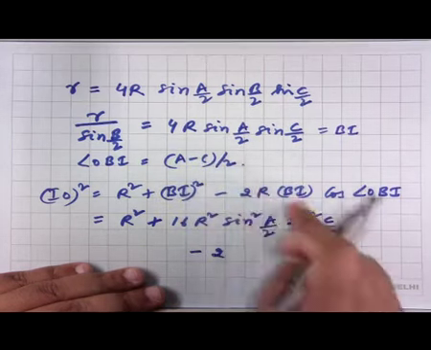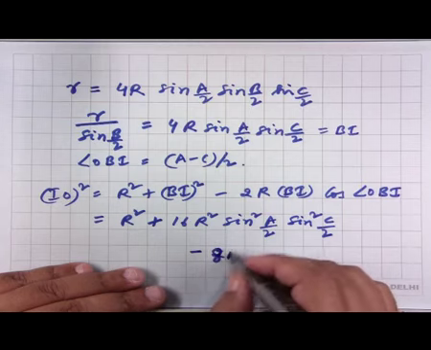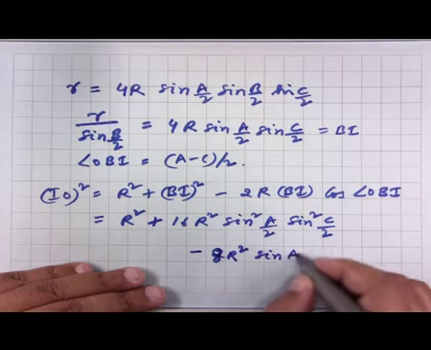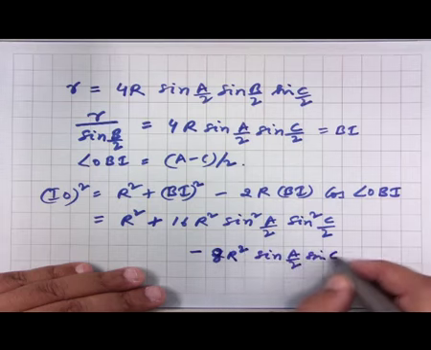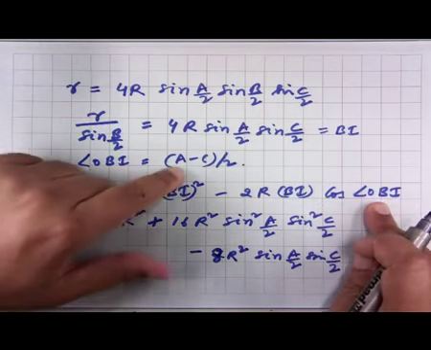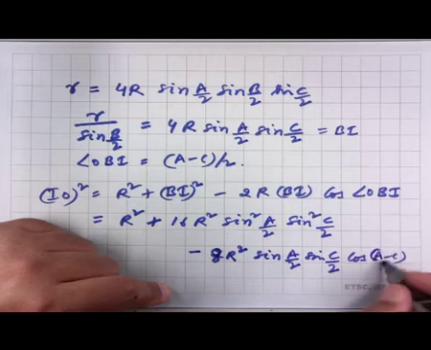So again for BI we use this expression, so it becomes 8 R square into sine A by 2 into sine C by 2 into cos of, so angle OBI is A minus C by 2, so it becomes cos of A minus C over 2.